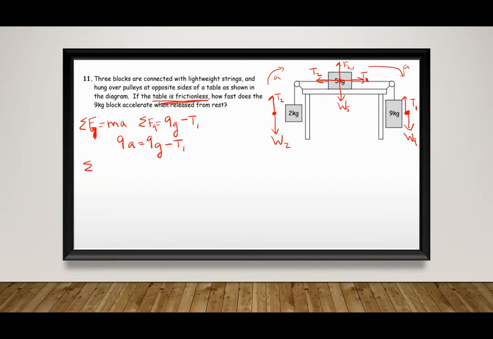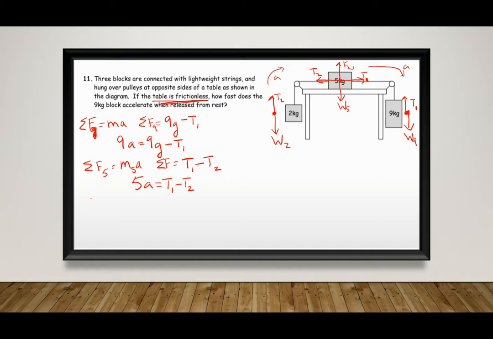Then I'm going to move to my next block, my 5 kilogram block. My 5 kilogram block is mass 5 times acceleration, and the sum of that force is equal to my tension 1 minus my tension 2. So I end up getting 5a equals tension 1 minus tension 2.